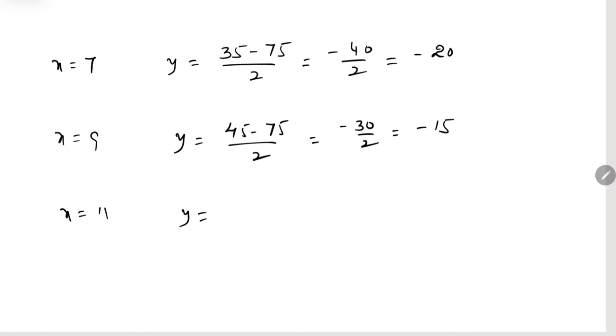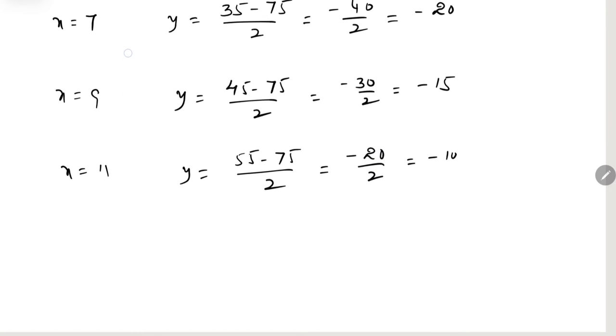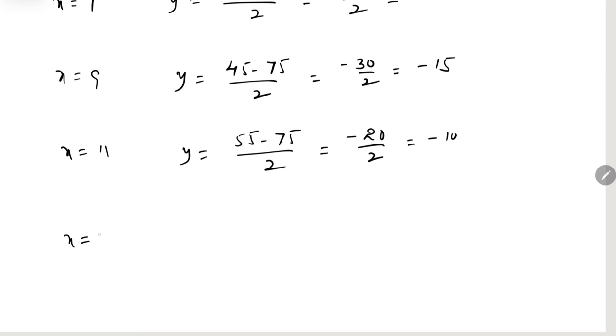Now I am taking x value as 11. Y is equal to 55 minus 75 by 2, minus 20 by 2, so minus 10. Now if I take x value as 13, y value is 65 minus 75 by 2, minus 10 by 2, minus 5.